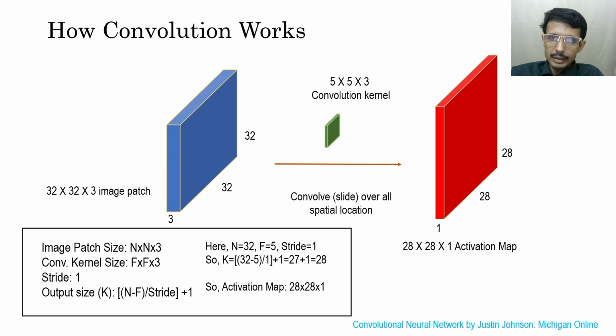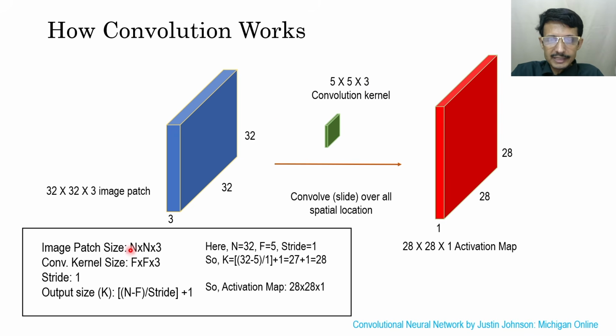Now the question was, from where do we get this 28 cross 28 into 1? The basic idea is that this is an image patch of dimension 32 cross 32, and we put the convolution kernel, 5 cross 5 into 3, on it. So these 3 and these 3 are the 3 channels.